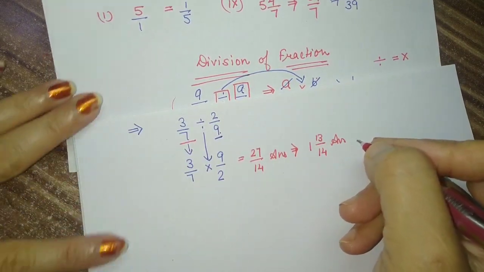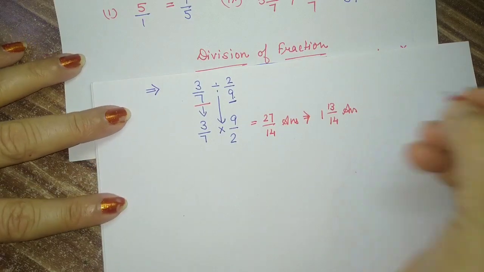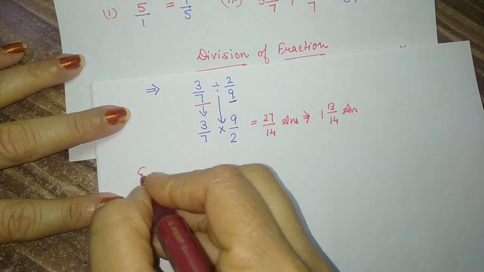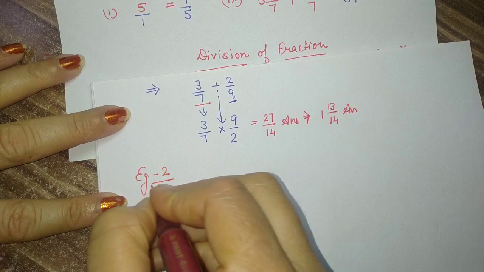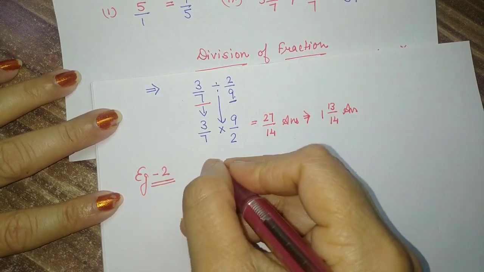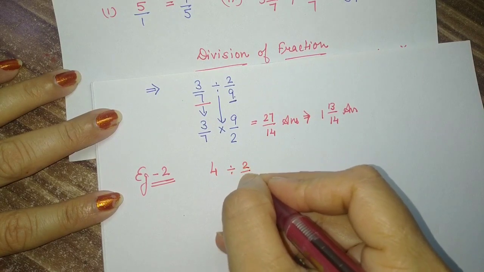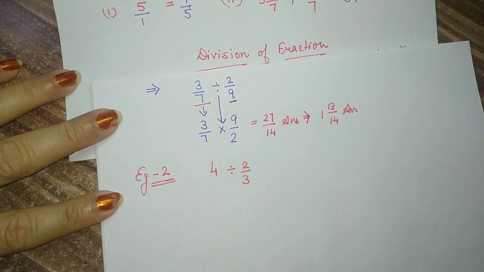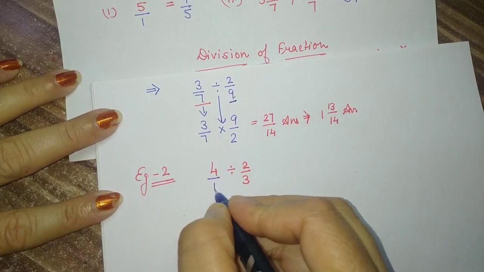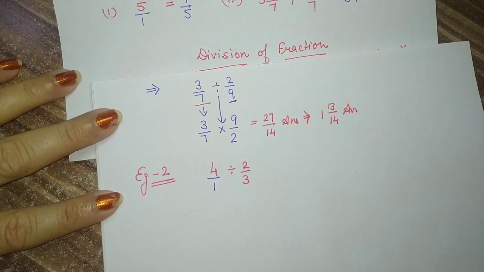Now the question arises, if a whole number is divided by a fraction. Another example, number 2. If a whole number 4 is divided by a fraction 2 by 3, how to solve this one? Students, I already told you, whenever a whole number is given, convert it into a fraction by writing denominator 1.